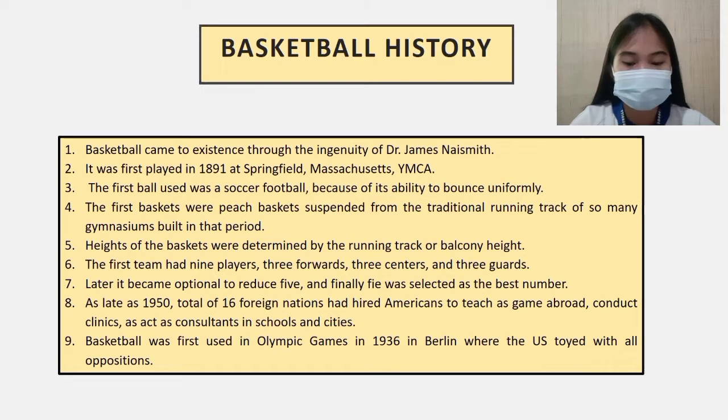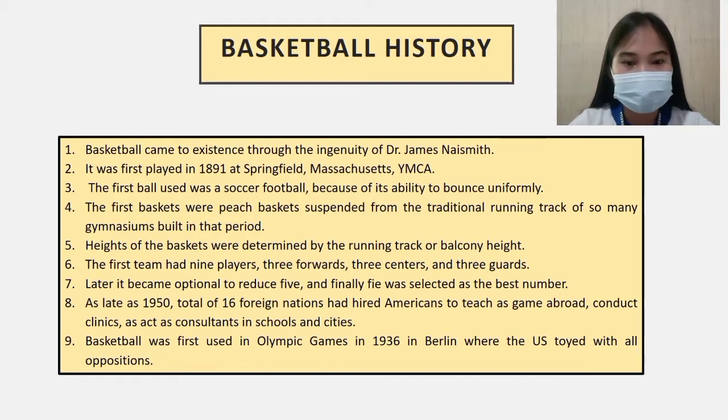The first team had 9 players: 3 forwards, 3 centers, and 3 guards. Later on, it became optional to introduce 5, and finally 5 was selected as the best number. So that is why we play basketball with 5 players nowadays.